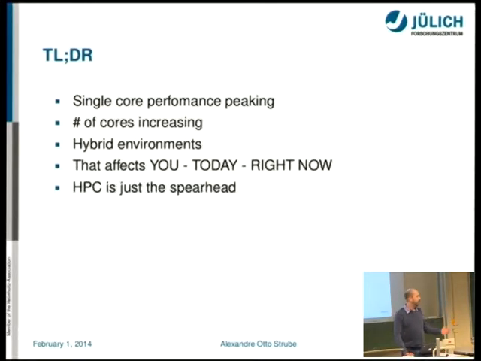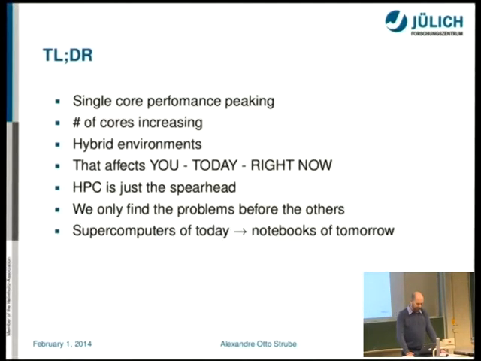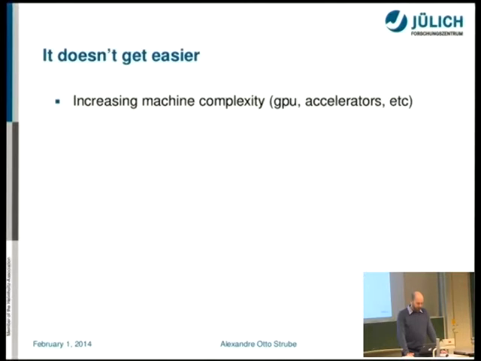When we have this track of HPC here, HPC people are only the ones who find the problems first. The same problems that HPC people find today are what people doing normal programming will find in 10 years. Besides that, it's not exactly getting easier.